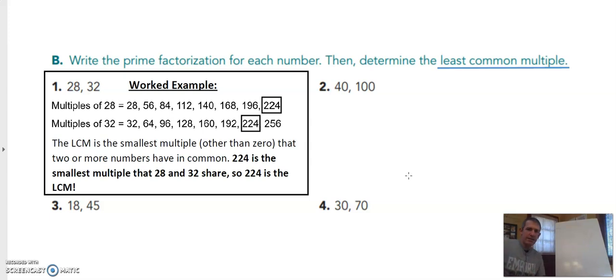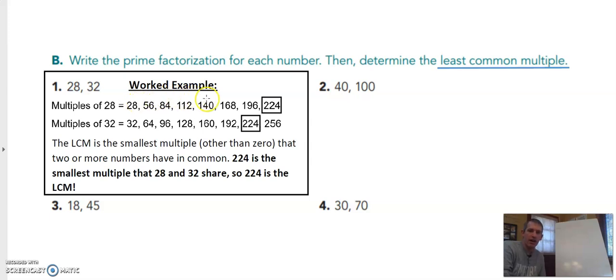All right, so if I skip count, for example, 28, the first number is 28, and then I add 28 to it again, and I get 56. And then I add 28 again, and I get 84, add 28 again, and add 112. Or I could do 28 times 1, 28 times 2, 28 times 3, 28 times 4, and so on.